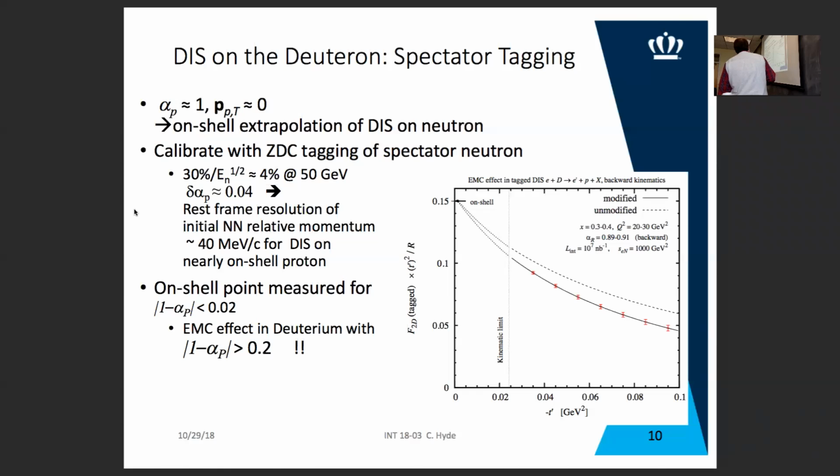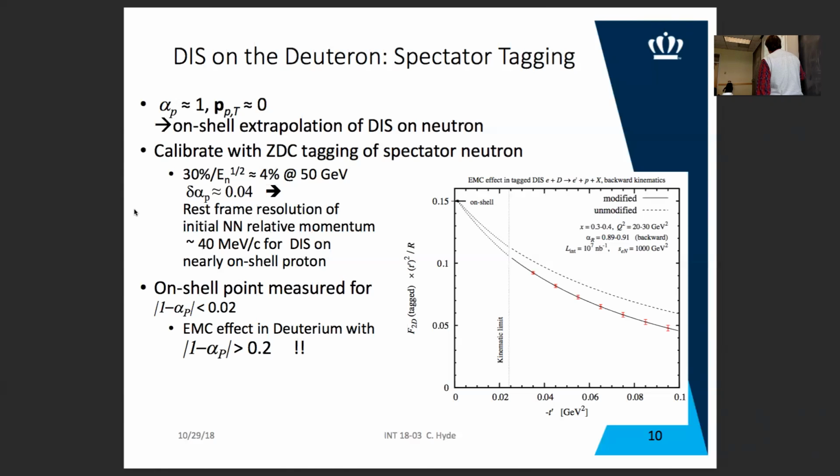Now, instead of looking for alpha close to 1, you look for 1 minus alpha large, greater than 0.2, for example. That pushes your kinematic limit much farther from the on-shell point, so you have farther to extrapolate. But if high momentum nucleons in the deuteron had no EMC effect, you would expect the data to follow the same line that you measured for alpha very close to 1.